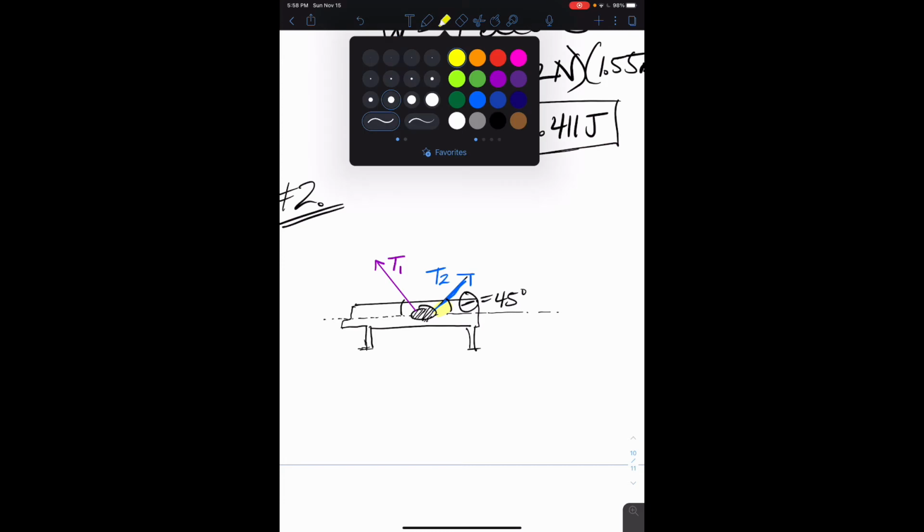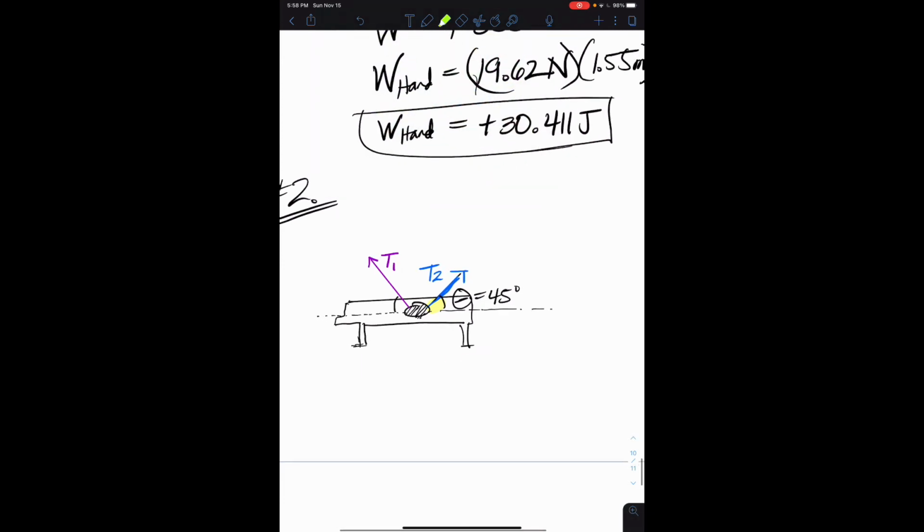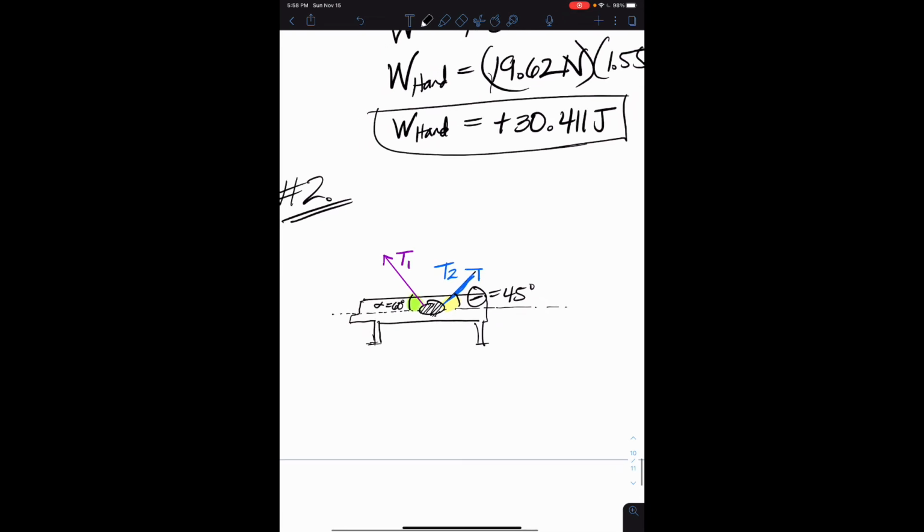I'll make this that bright green. We'll call this one alpha. I'm going to say alpha is equal to 60 degrees. All right, so we have those two angles there.